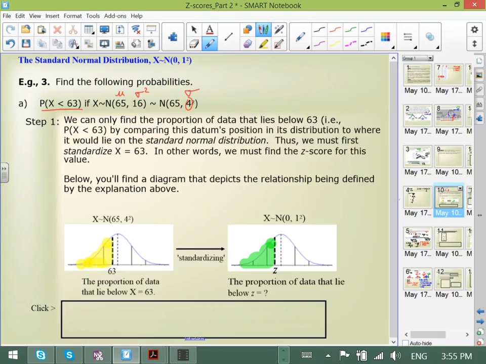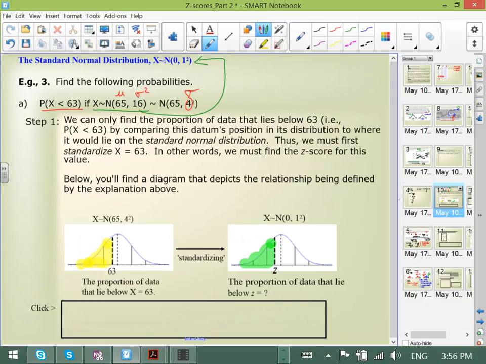So the first thing we need to do is take this distribution and standardize it. So take this and transform it to that, okay? And by doing that, if we translate every single point from the curve to the normal curve or standard curve, we would have that.